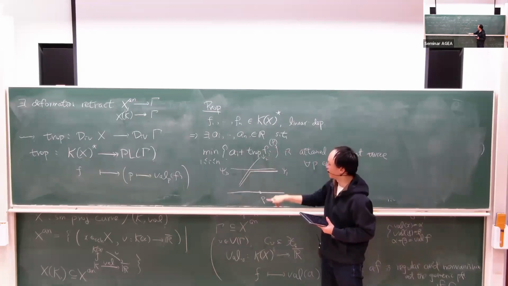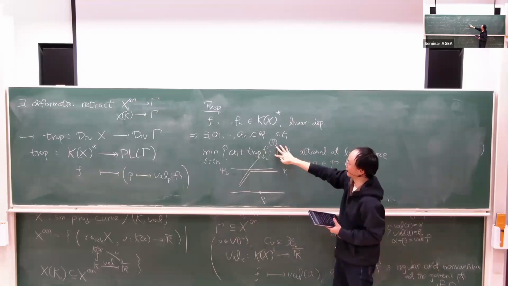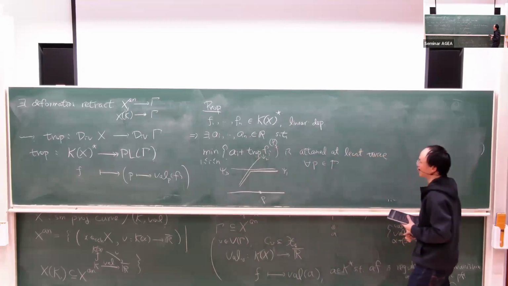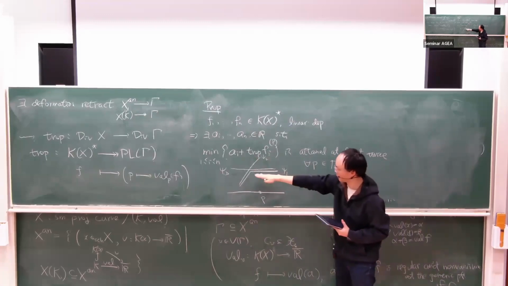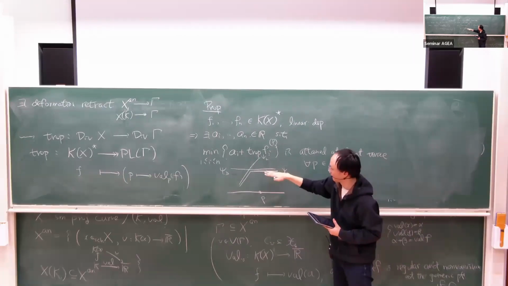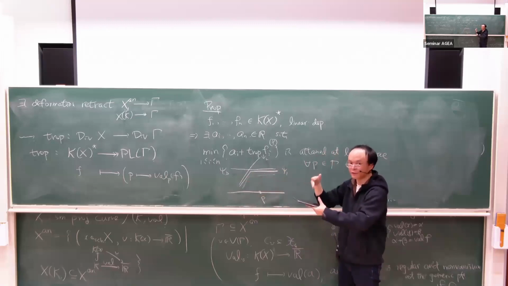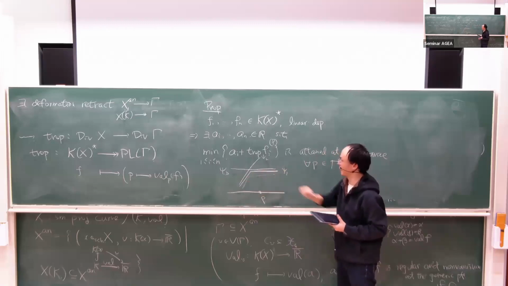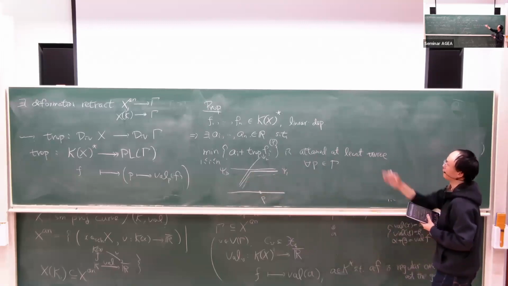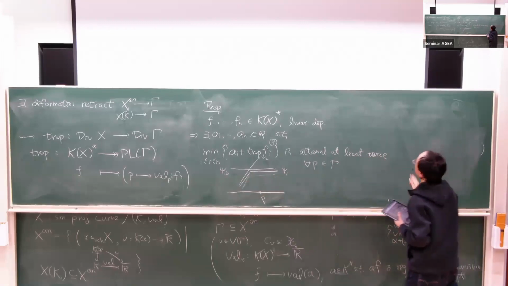So this minimum appears in this set at least twice. That is what the assertion is about. So the picture is like this: when you consider the minimum of this set, at each point you have two functions intersecting at that point. So we have these easy propositions.